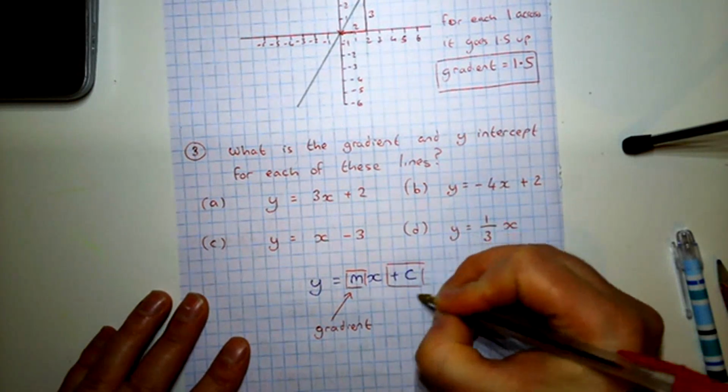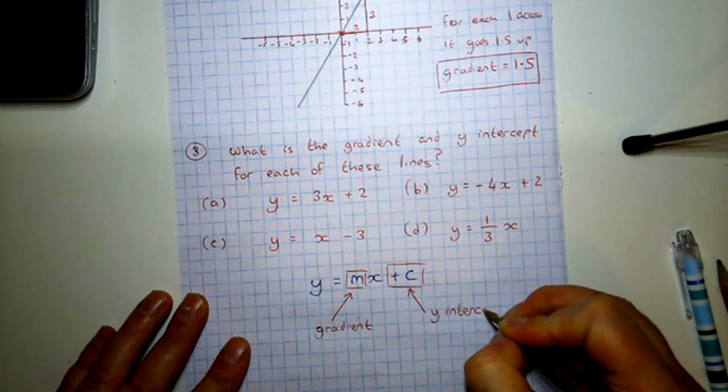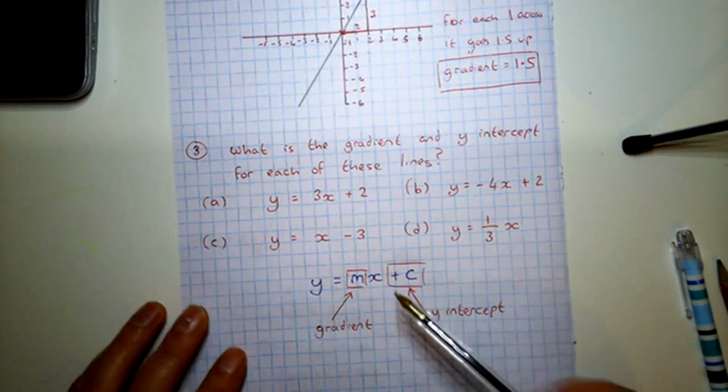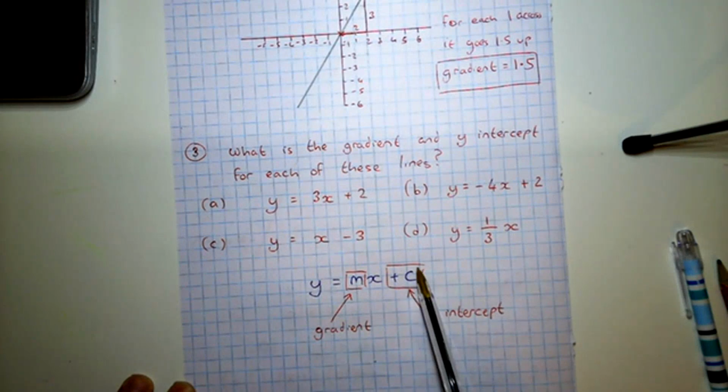And the plus c is your y-intercept. So the bit in front of the x is your gradient, and the bit after the x, including the sign, is your y-intercept.